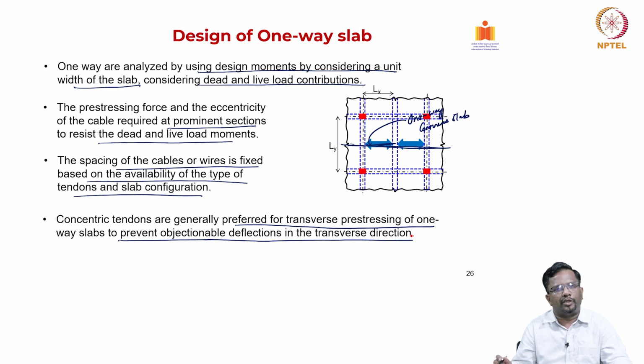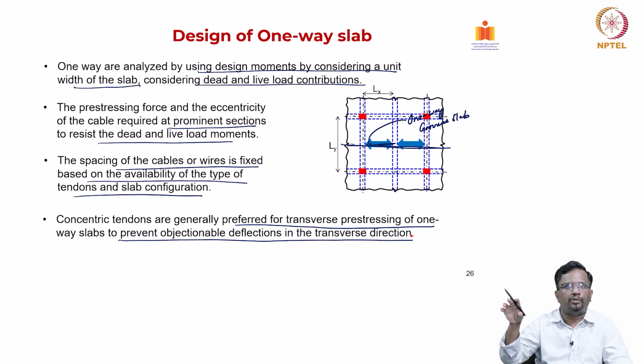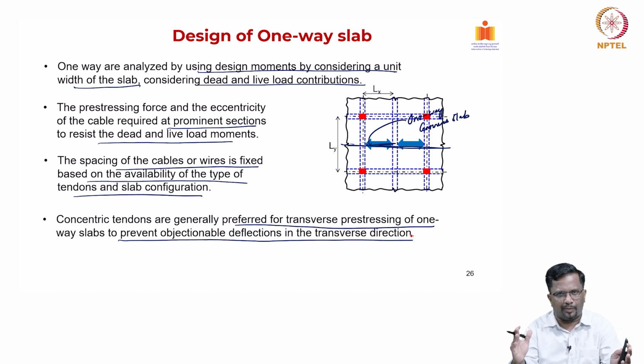So, what is the meaning? Typically, in one-way slabs, especially for a short, single span, when you make it, if you put it at an eccentricity, then your camber may go up, right.